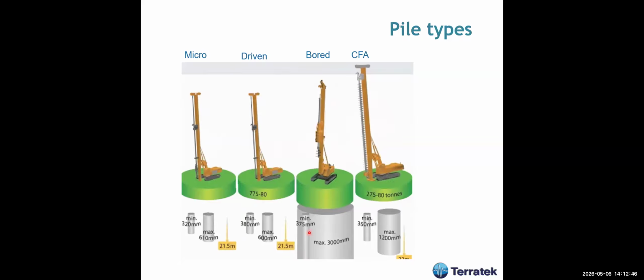Bored piles sometimes have a diameter of 2 meters, 3 meters. The largest diameter of piles I have designed in the past was 2.5 meters. CFA piles are usually up to 1 meter in diameter, not more than that. Bored piles are used for very high-rise buildings or for bridges, and usually driven piles and micro piles for smaller structures. But we are going to discuss that.